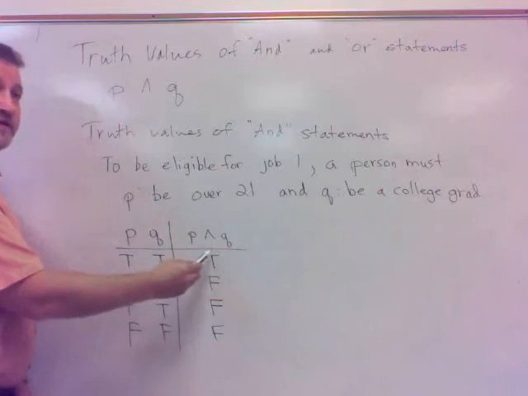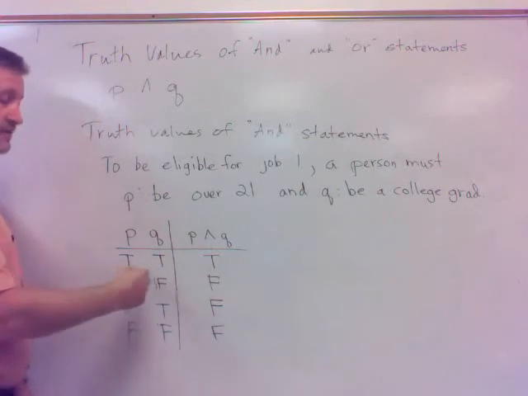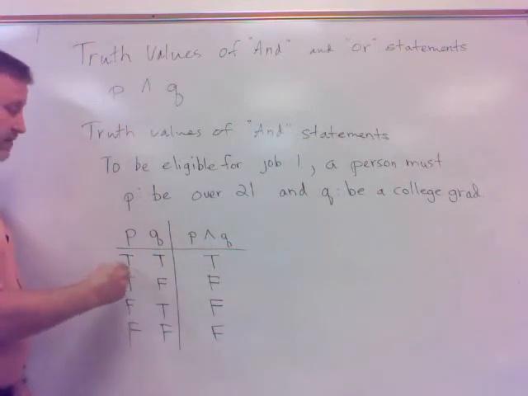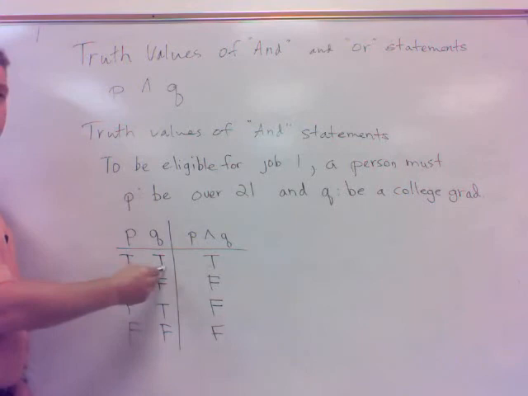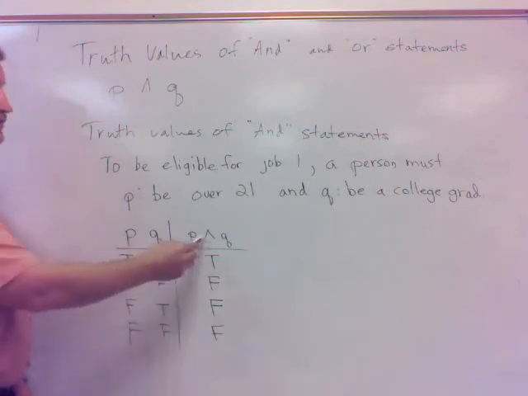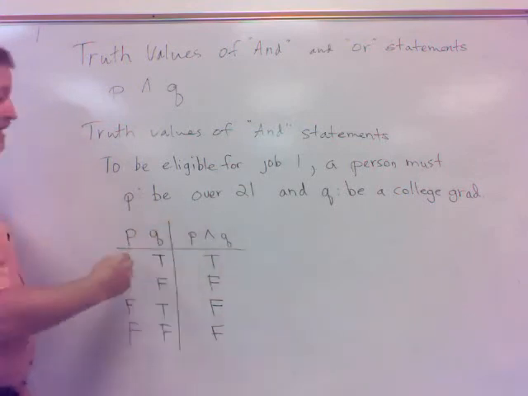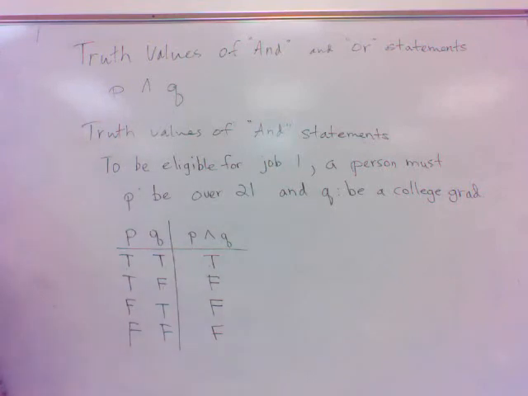For and to be true, what has to be the scenario here? Both of them have to be true. Both of the component statements, P and Q, the parts. For and to be true, both of them have to be true. If one is false or the other is false or both of them are false, then and is false. For and to be true, both component statements have to be true.